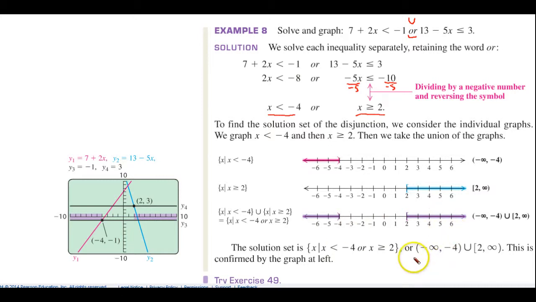And then this is your interval notation. Again, right from the graph, negative infinity, -4 parenthesis, union symbol, bracket, 2, positive infinity.